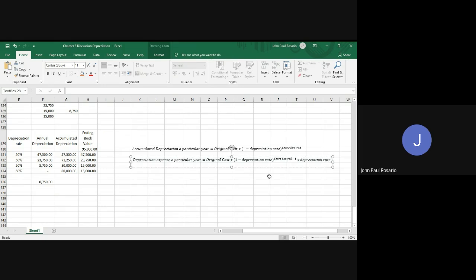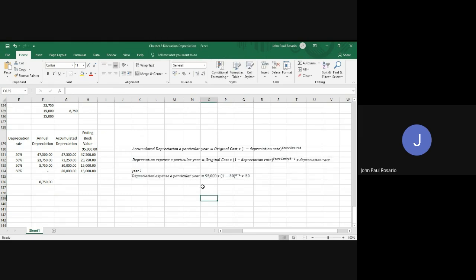Okay. So for example, what is your depreciation expense on year 2? Okay. So original cost nato is pila man to 95,000, and then you multiply that by 1 less 0.50 raised to the power of years expired is 2, right? Kaya year 2 man, so 2 years na na-expire minus 1, and then depreciation rate nato is 0.50.